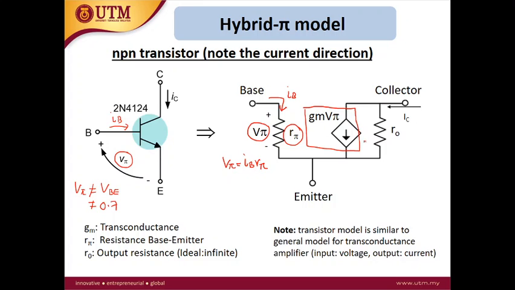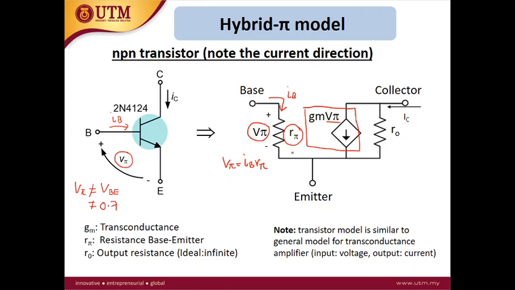So in this model, you can see the collector current depends on the value of V pi. So this is where you can see that the collector current is controlled by the base emitter voltage.